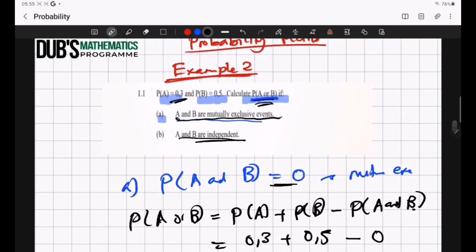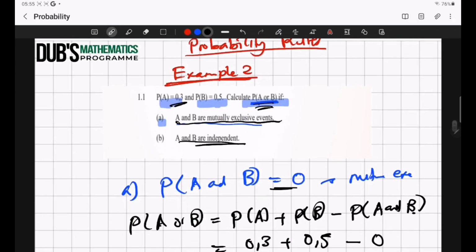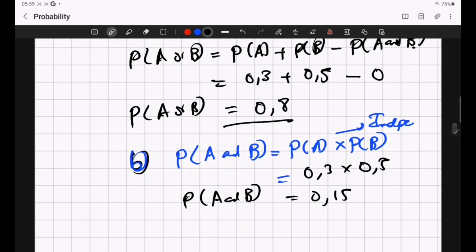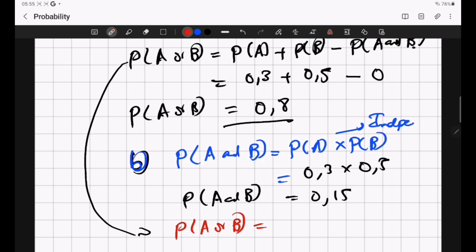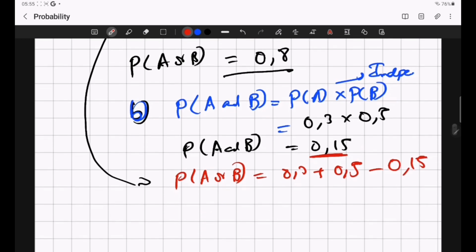Are we done? Now we want the probability of A or B. How are we going to find it again? We're going to use the addition rule formula, which I wrote here. We substitute into it. Probability of A or B is our unknown. Probability of A is 0.3, probability of B is 0.5, and the probability of A and B is 0.15, because we found it to be 0.15 for these independent events.